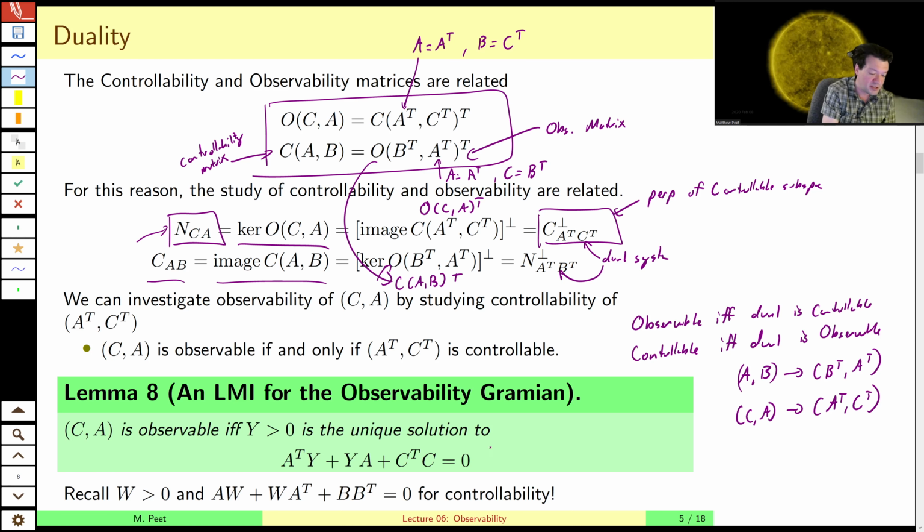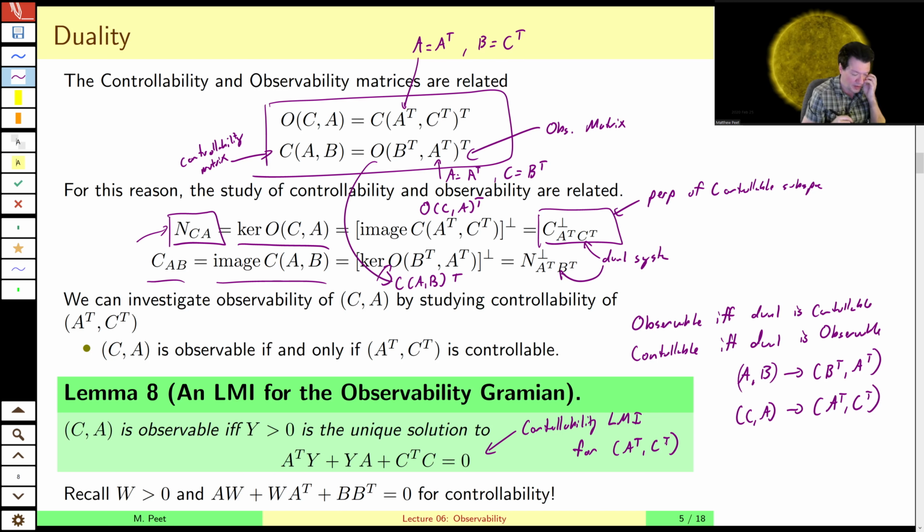So this is the controllability LMI for the dual system, A transpose, C transpose. And so we don't even need to prove this. It follows directly. It's really a corollary, I guess I could say, of the LMI for controllability.